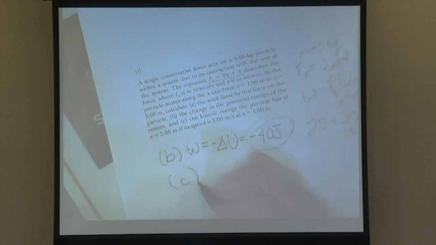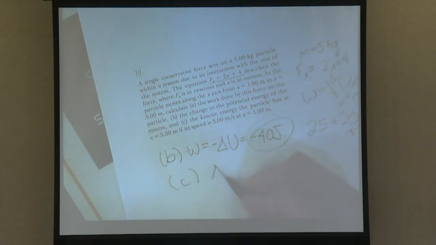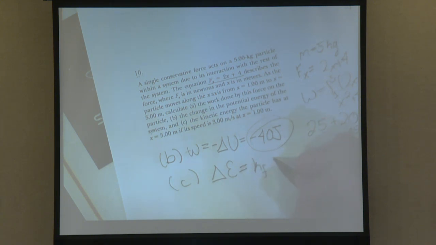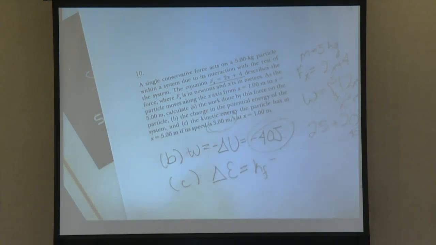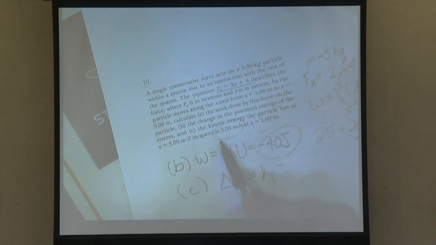Okay, then our kinetic energy, if you remember the formula, our change in energy is going to be equal to our final kinetic energy minus our original. Okay, so we're given our velocity. The kinetic energy starts with a speed, so we only know our original kinetic energy, we don't know our final kinetic energy.